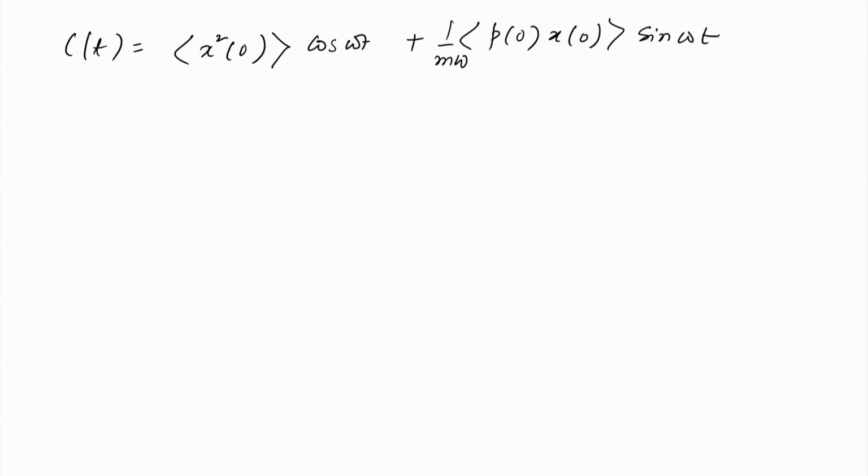That is the correlation that we want, and this is very convenient because the right hand side requires only the initial conditions, that is x square at t equal to 0 and a product of p at t equal to 0 and x at t equal to 0.